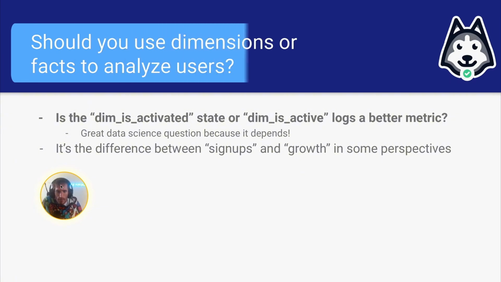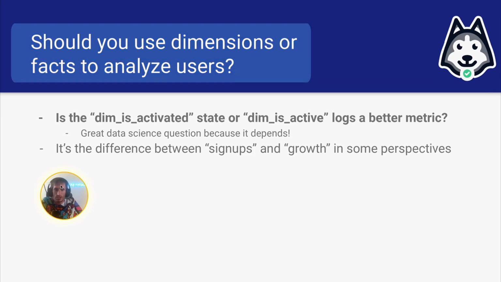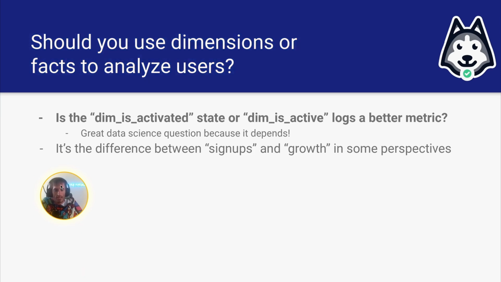Here's another great thing to think about: should you use dimensions or facts to analyze users? Do we care more about how many activated users there are or how many active users there are? The answer is probably both. There's an intuition, probably from most of the people in this presentation, that active users is the more valuable of the two.